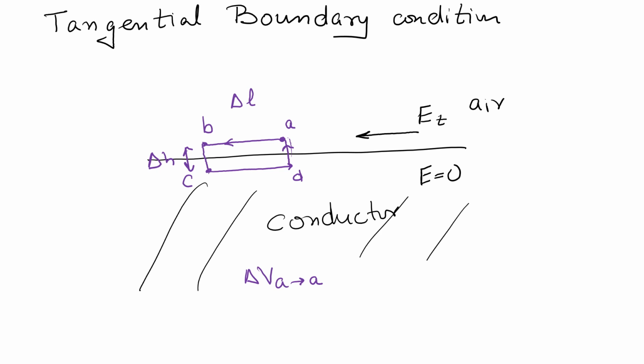What is the potential difference I would create as I come back to the same point? And we know electrostatic potential is conservative. So if I walk on a hill and I come back to the same point I started, I should not have changed my potential. So delta V A to A should be 0.